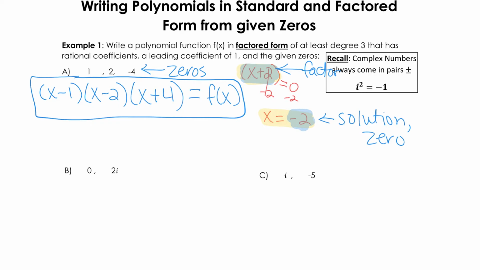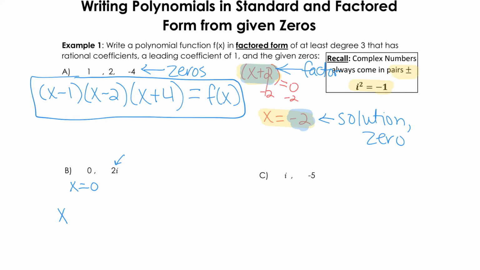Okay, so in part B, my solution is 0. Well, remember that when we got a solution of 0, that's when we just have x. So when you have a 0 as your solution, your factor is just going to be x. Now, the 2i. You need to remember that complex numbers always come in pairs.